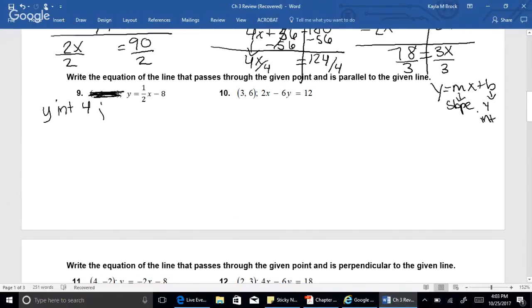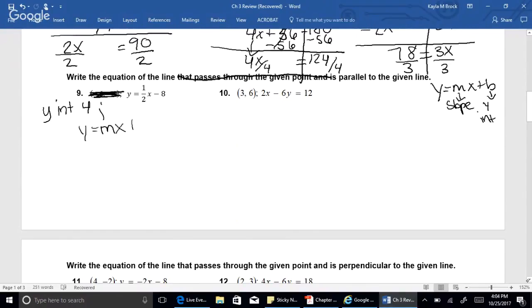So let's look at the directions that they're telling us. They're asking us to write the equation of the line that is parallel to the given line and goes through this y-intercept. So parallel, okay? I'm going to write my format out.